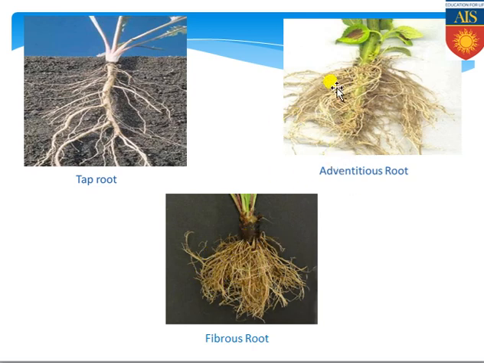This is the adventitious root, where the roots arise from the stem, specifically from the nodes and internodes. Exclusively, the fibrous root and adventitious root have replaced the primary root present in the taproot system, and this bunch of roots is produced from the radicle or from the stem nodes and internodes.